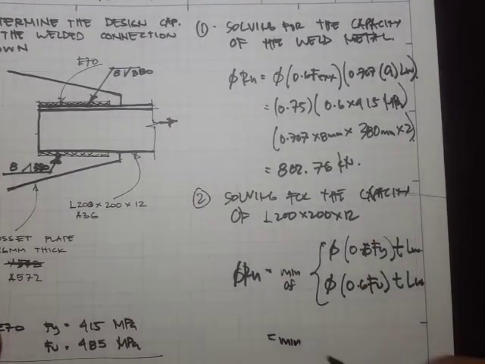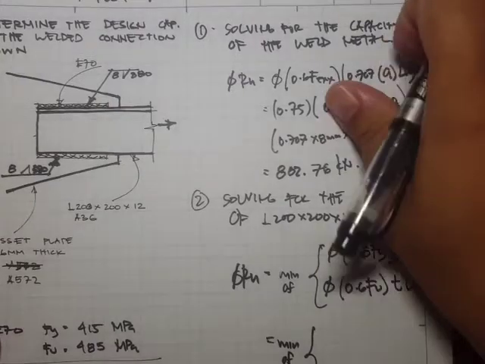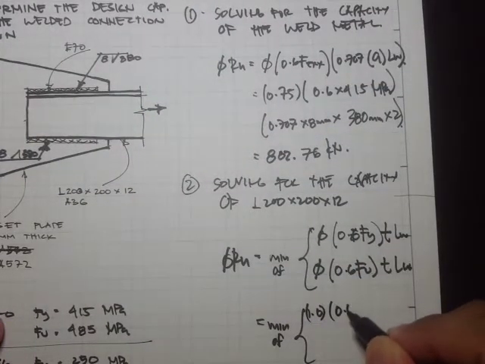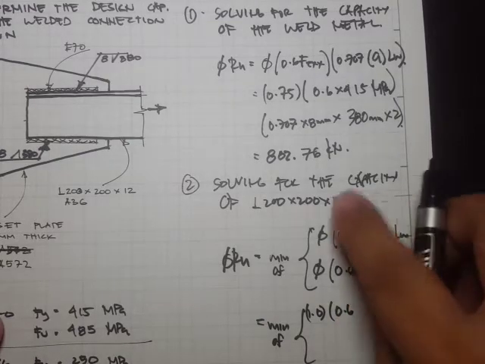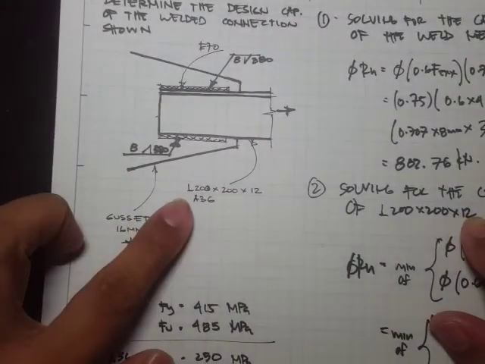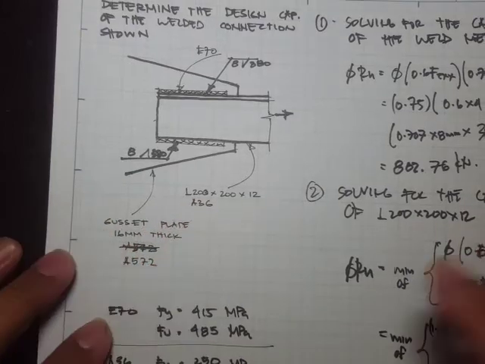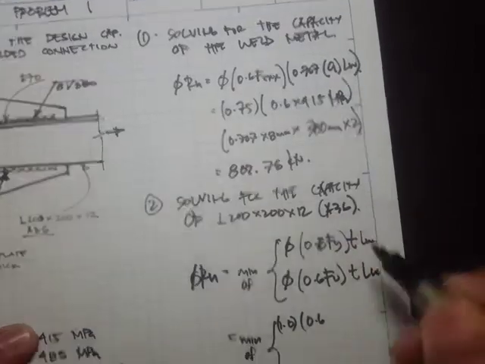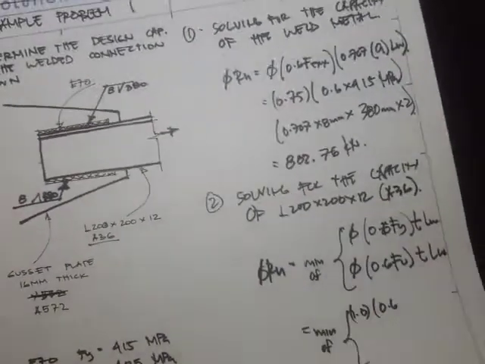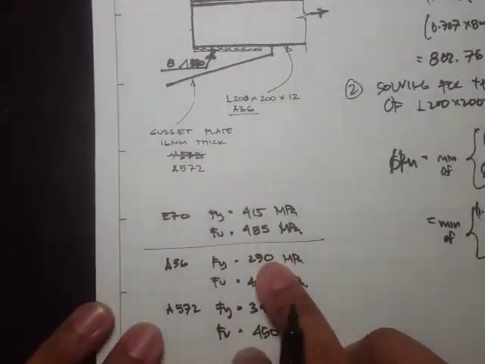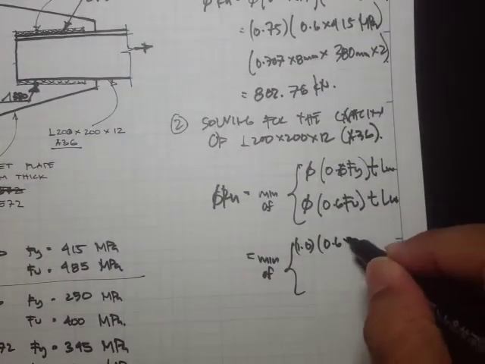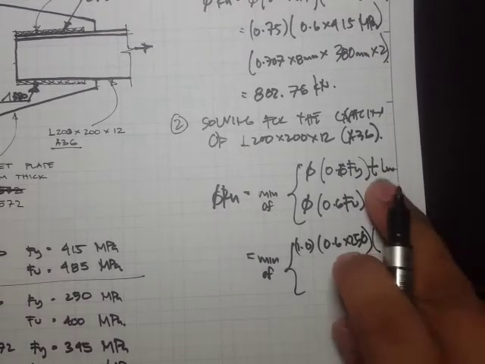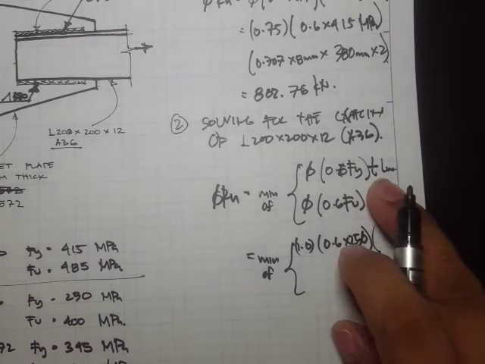Now let's substitute the values. We have 1.0 times 0.6 Fy. Take note, this is L 200 by 200 by 12, meaning that the steel is A36. So 0.6 times the A36 Fy, that's 250, so times 250 times the thickness and the weld length.